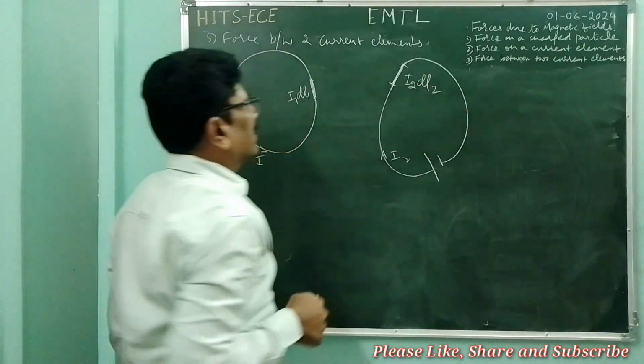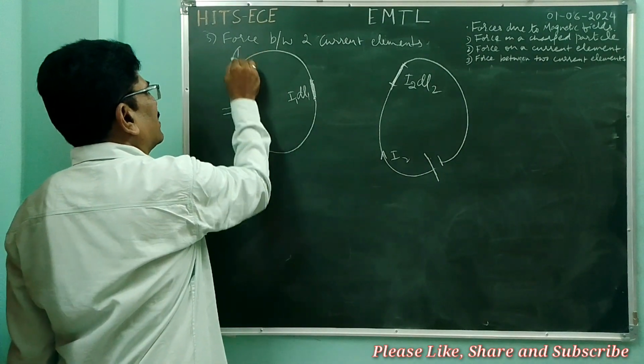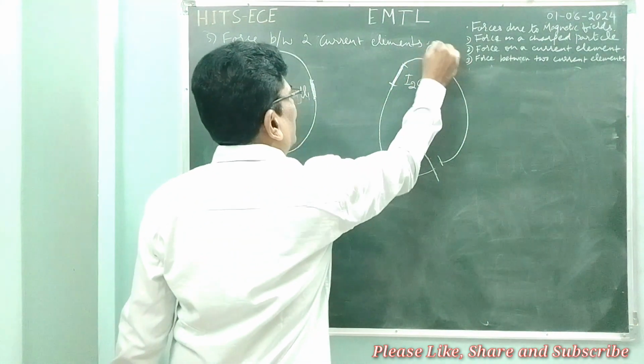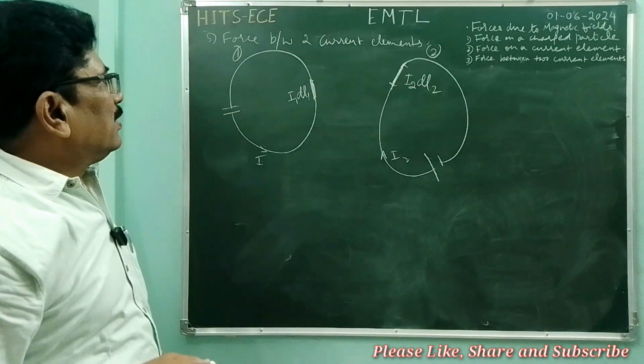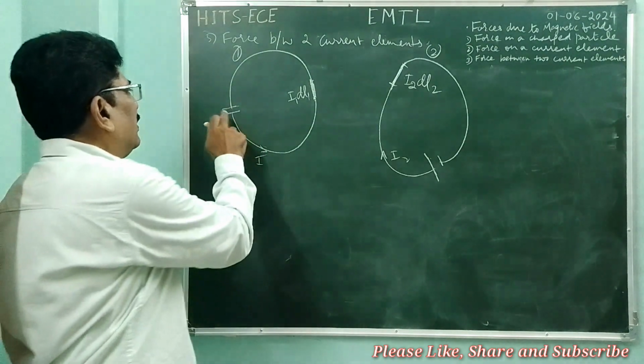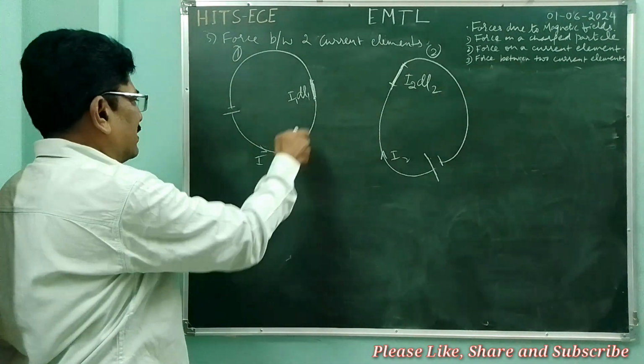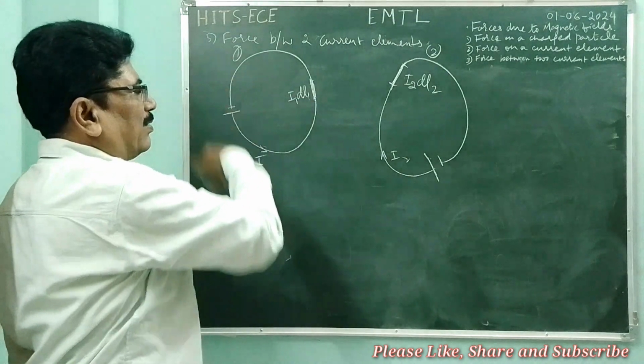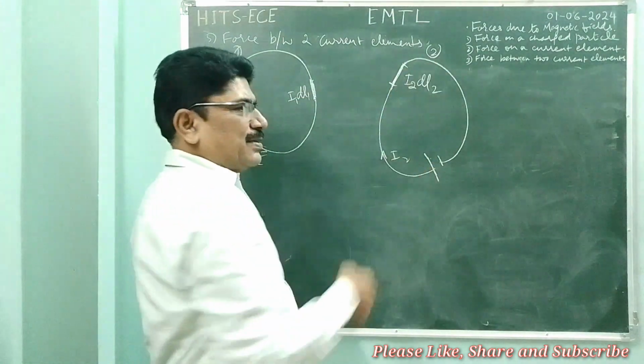This is the second current element and this is the first one. Two loops I have used, so there are two loop currents. This is the battery. The current direction here is anti-clockwise, and this is clockwise.